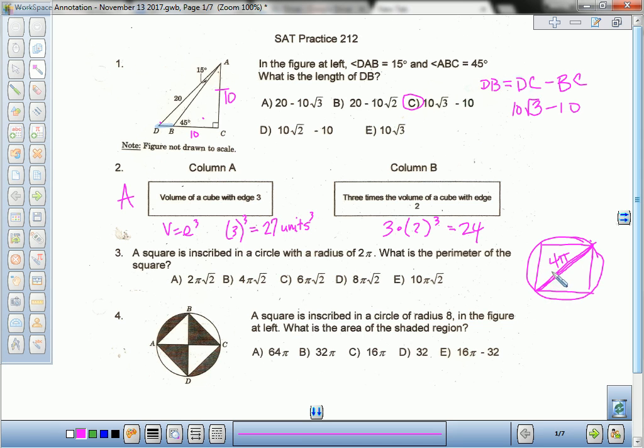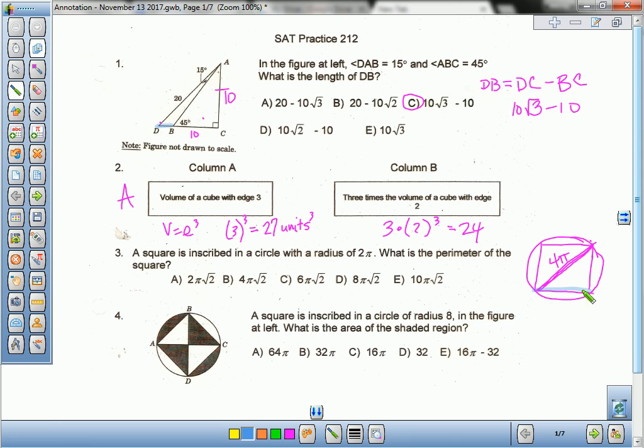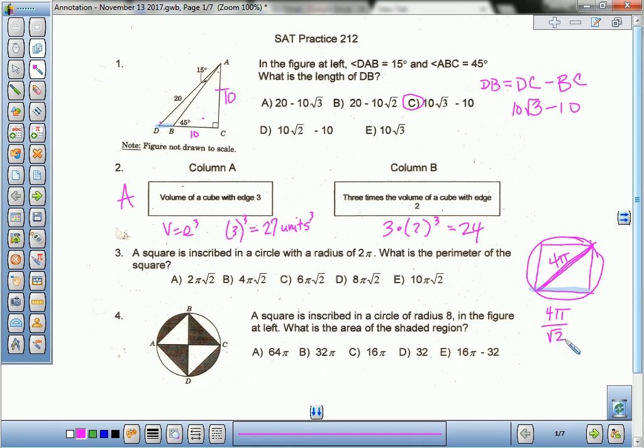Yeah. Okay. The diameter is also the hypotenuse, or the diagonal of the square, which is also the hypotenuse of a 45, 45, 90. So this side right here, which is the side of the square, you would find by doing this divided by the square root of 2.